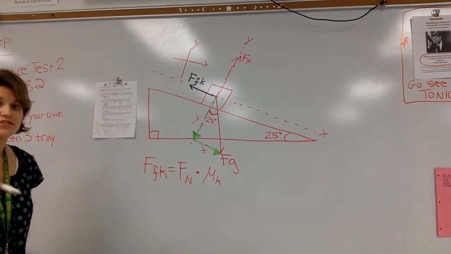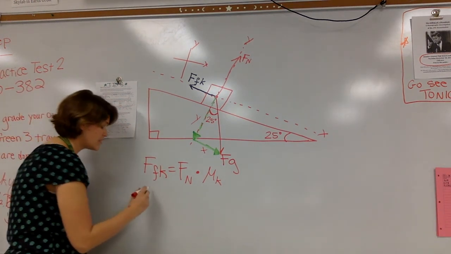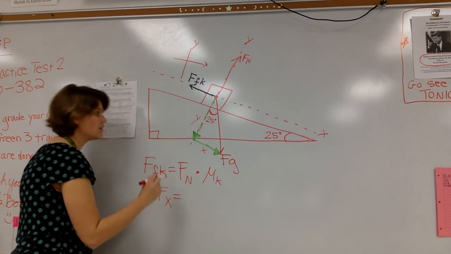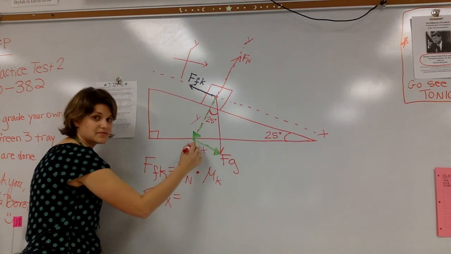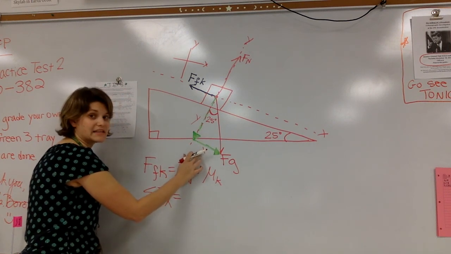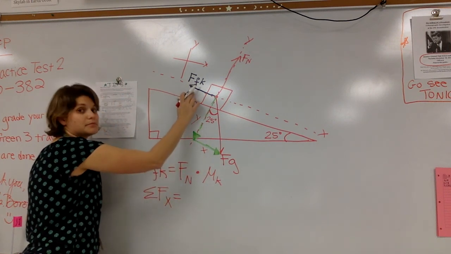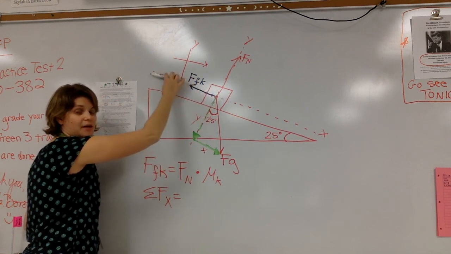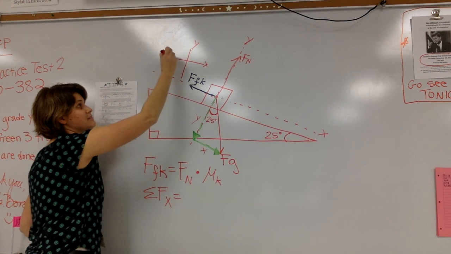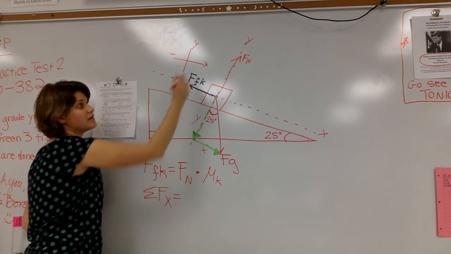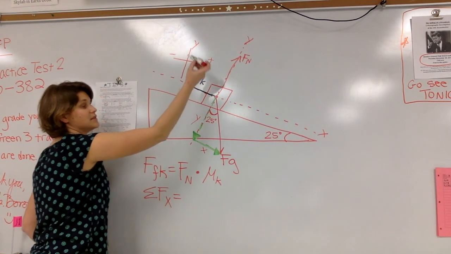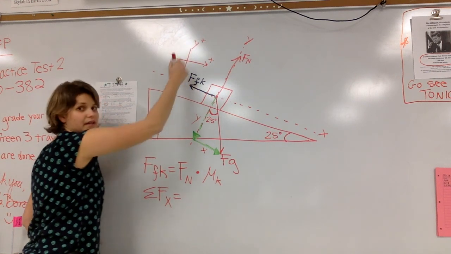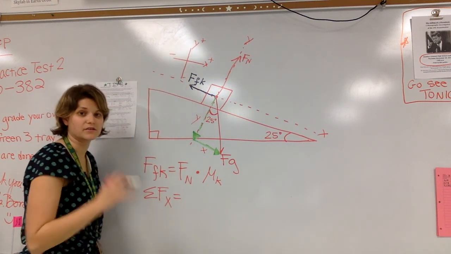The reason that I have to do that now is because the sum of the forces in my x direction are going to be equal to this force of the weight in the x direction plus my force of friction. If that's acting this direction up the hill, I'm defining that as being in the negative direction here. Positive going down, negative going up, positive going up, negative going down, always just like your regular coordinate system.